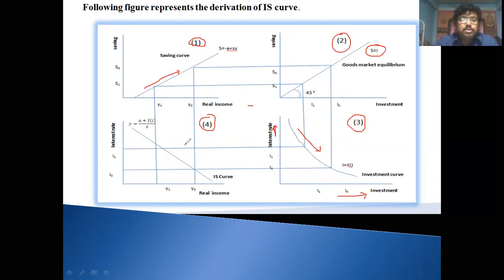Now the fourth quadrant represents, along the vertical axis, the interest rate, and along the horizontal axis the real income. This is the real income Y1, and this is also Y1, and this is Y0, and this is also Y0. So at Y1 the interest rate is I1, and at Y0 the interest rate is I0.